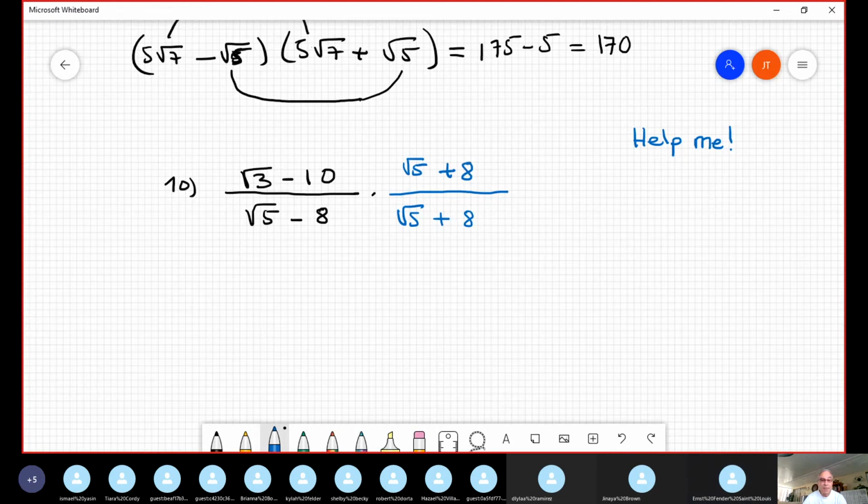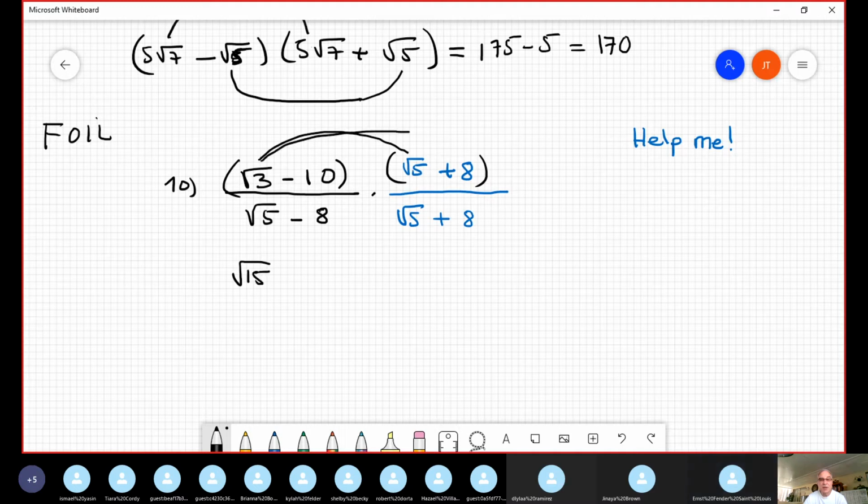So, I need help to multiply the top part. Well, the top part is a binomial, so you apply the classical regular form. Radical 3 times radical 5, 15, no? Radical 15. Yes.